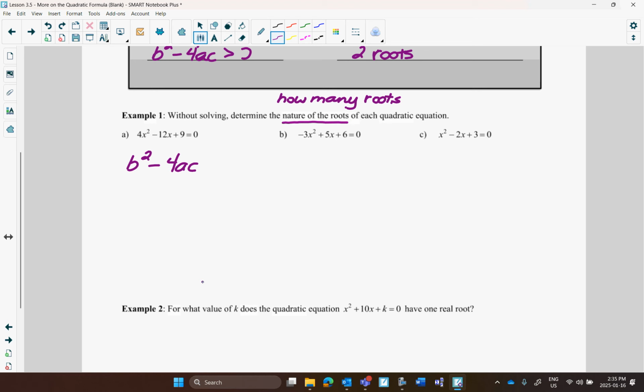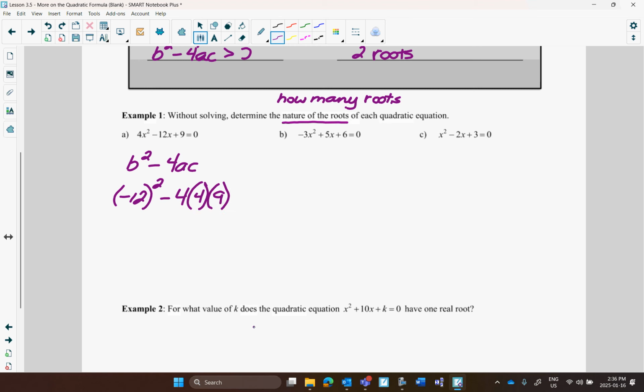So what's the b in this case? Negative 12. So we're going to square that negative 12, and then we're going to subtract 4 times a, which is 4, times c, which is 9.